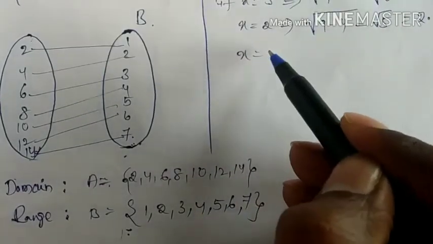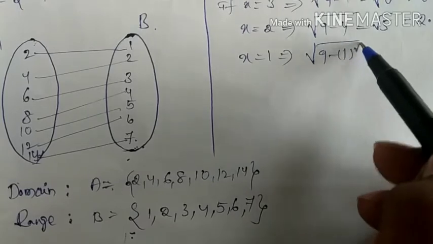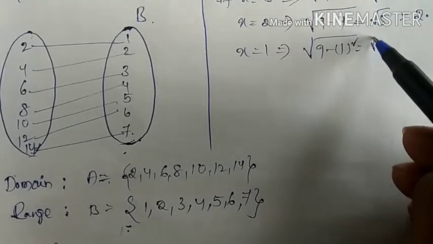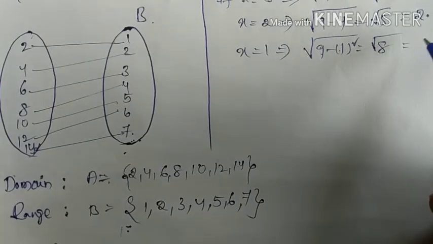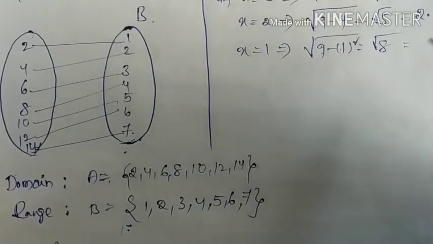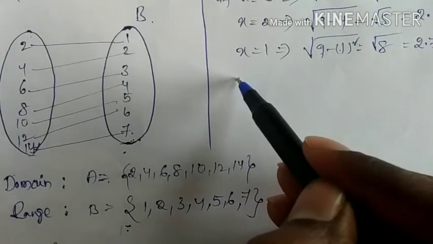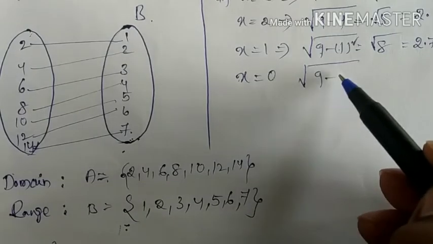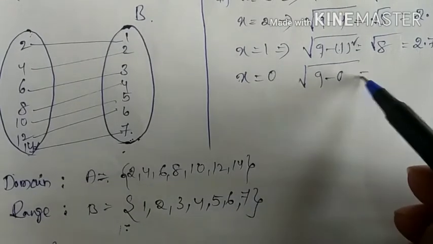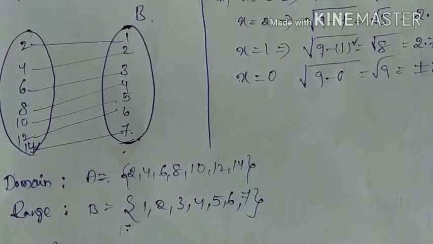And if x is equal to 1, I consider root over 9 minus 1 whole square. So here this one is root over 9 minus 1, which is 8. So this is also 2.78 something. And if I consider x equal to 0, I'll get 9 minus 0 whole square, which is 9, then root over 9 is equal to plus or minus 3, right?